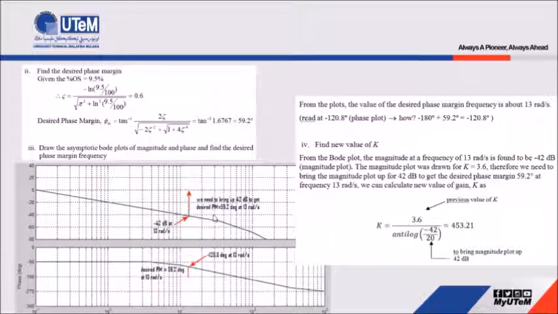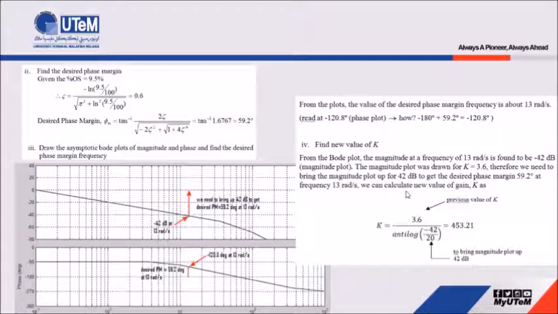Therefore, we need to bring the magnitude up by 42 dB, up to here, to get the desired phase margin of 59.2 degrees at a frequency of 13 radian per second.